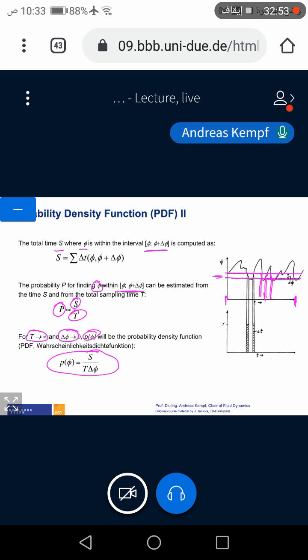If delta phi approaches 0, then S will also approach 0, and the limit will be the probability density. Okay, so this was the introduction for the probability density function. You will probably have to think a little bit more about it and look at it, draw a little bit to get a better idea, but I'm happy to take some questions on this.